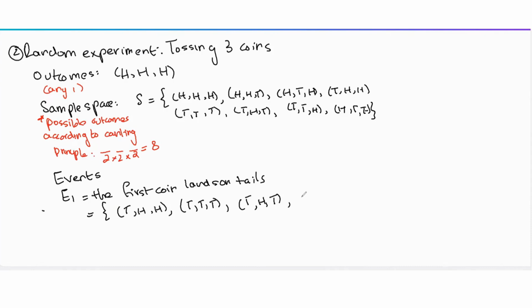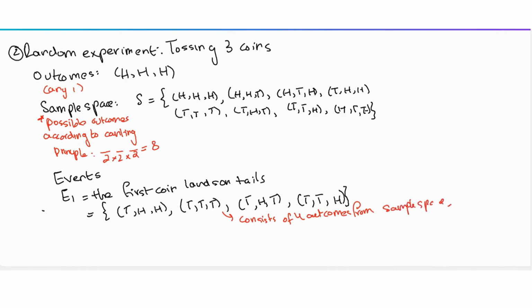And it would include this one, tail, tail, head, right? So it consists of 4 outcomes from the sample space.